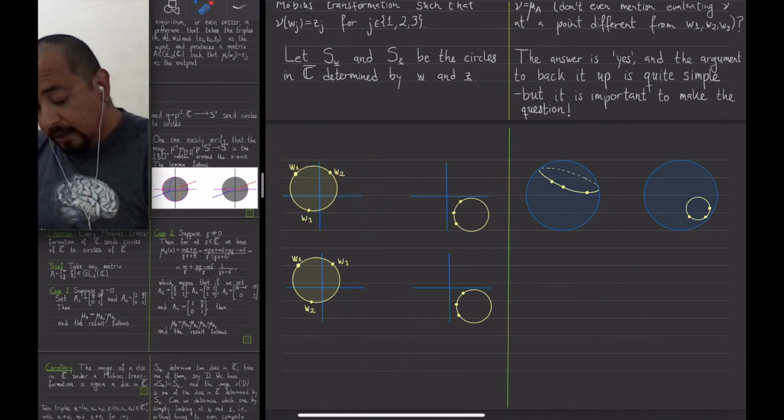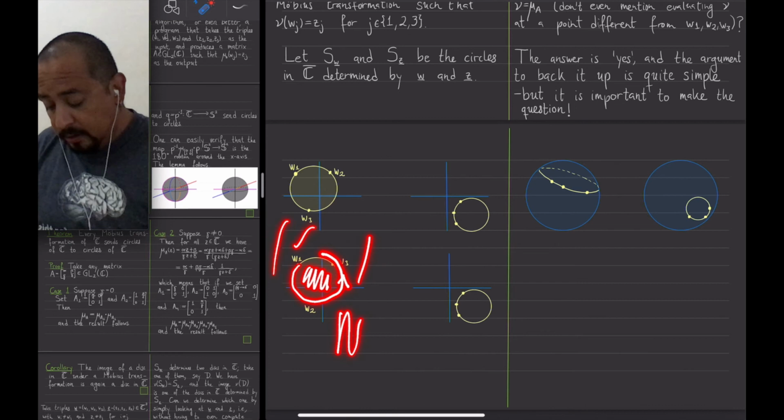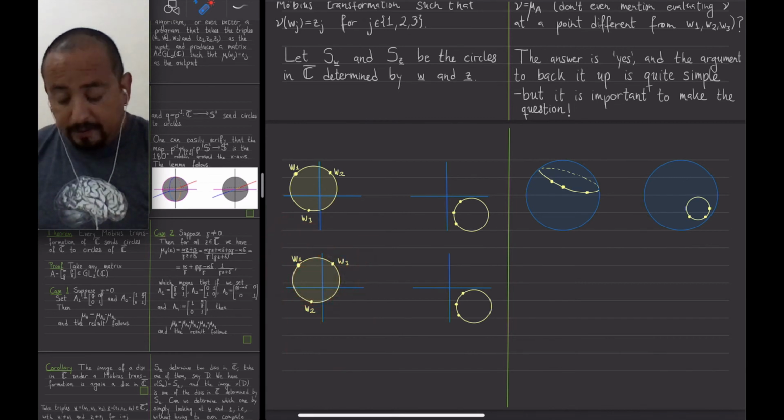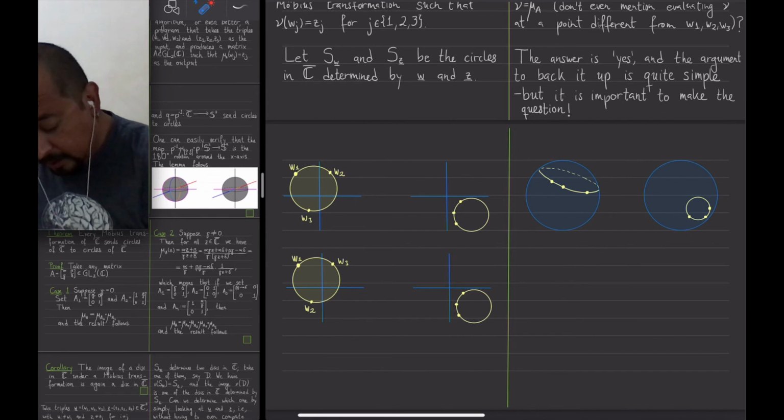And here, if in this other situation I traverse the circle in order with respect to W1, W2, and W3, notice that this disk is then oriented counterclockwise, and the rest is oriented clockwise. This is easier to see in the sphere.